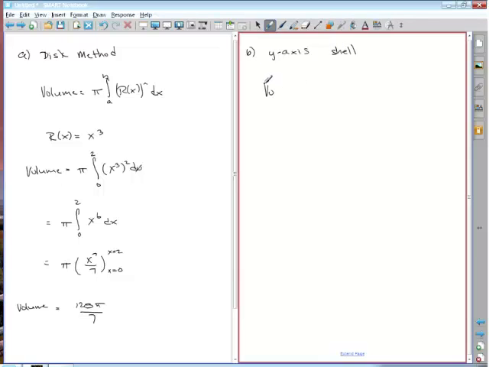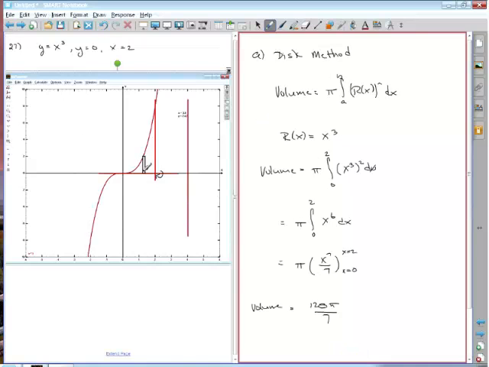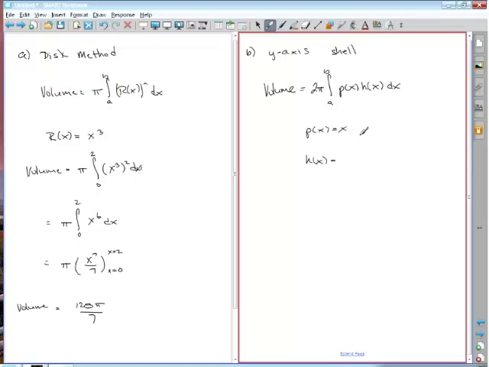The volume, using the shell method around a vertical axis of rotation, is 2 pi times the integral from a to b of p of x times h of x dx. P of x is equal to x. H of x is just the height of the rectangle, which is just the function x cubed minus 0, the x-axis. So h of x is going to be x cubed.